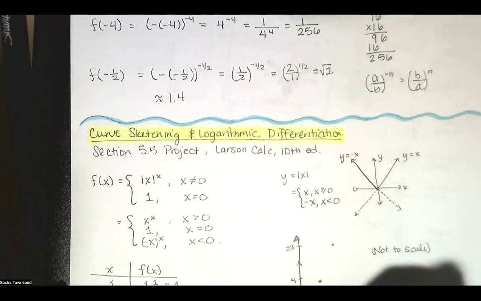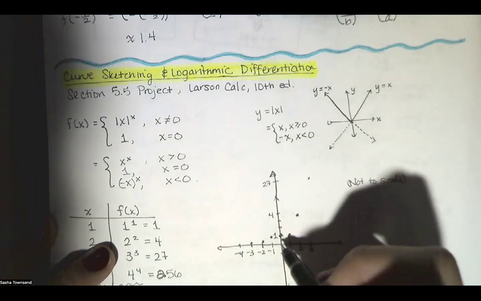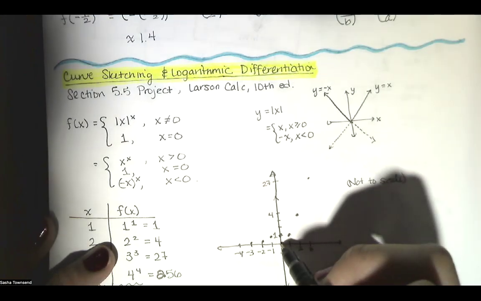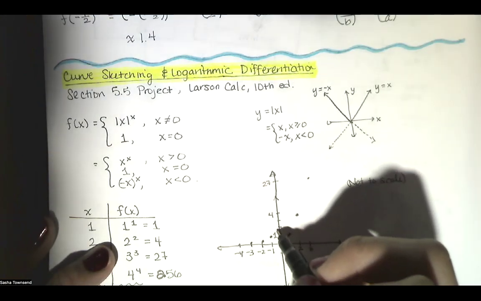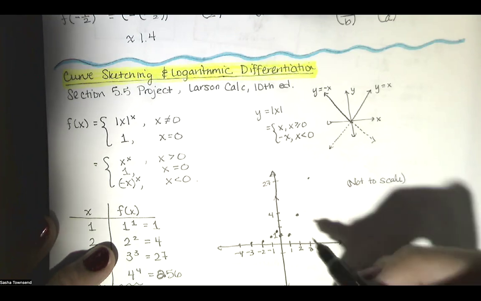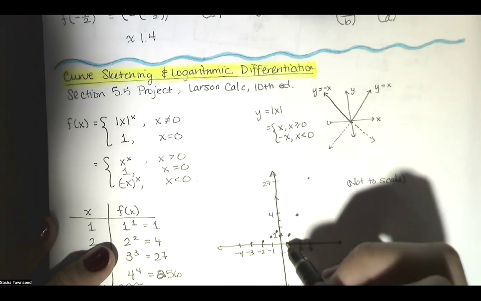So much computation. Oops. So we said at negative 0.37, the y value is 1.44. And at positive 0.37, the y value is 0.69.